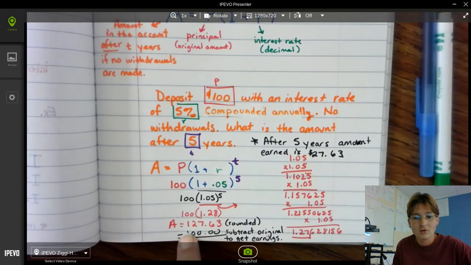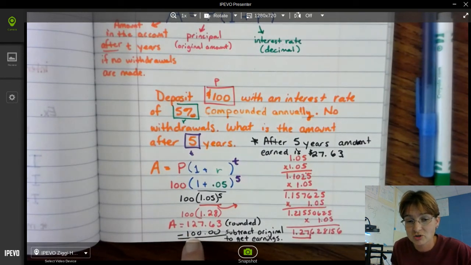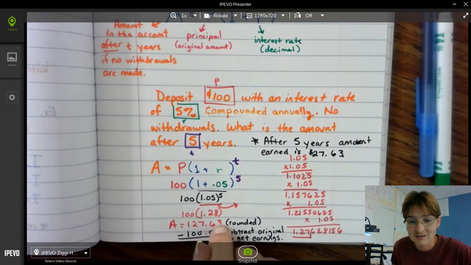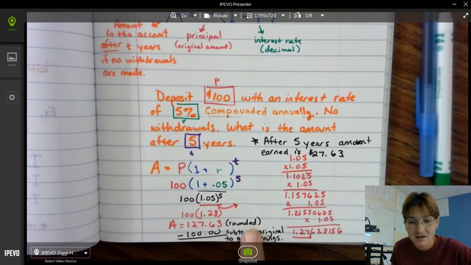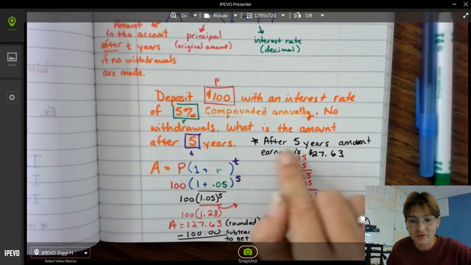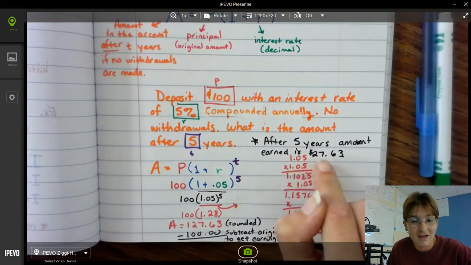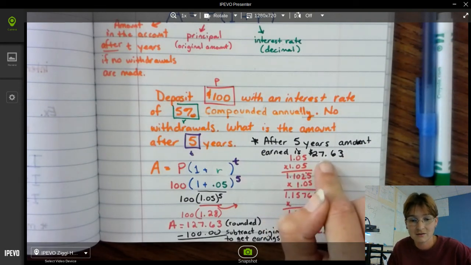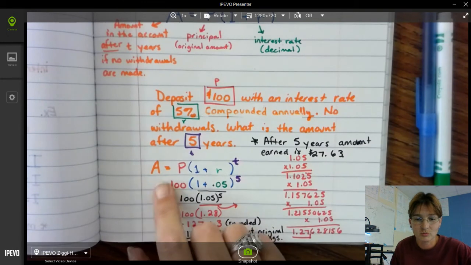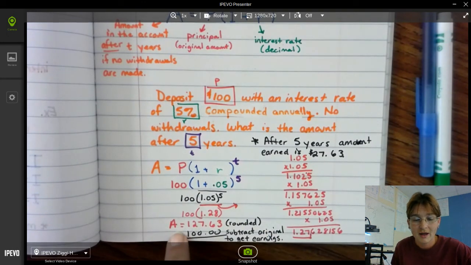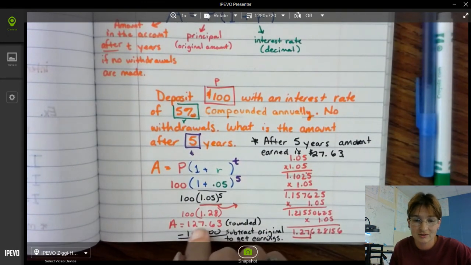Okay. In order to know how much interest you've earned over that 5 years, you need to subtract 100 from the $127.63. This gives you the earnings. So after 5 years, the amount earned is $27.63. Okay, and that is what A would equal. So actually, A is not $127.